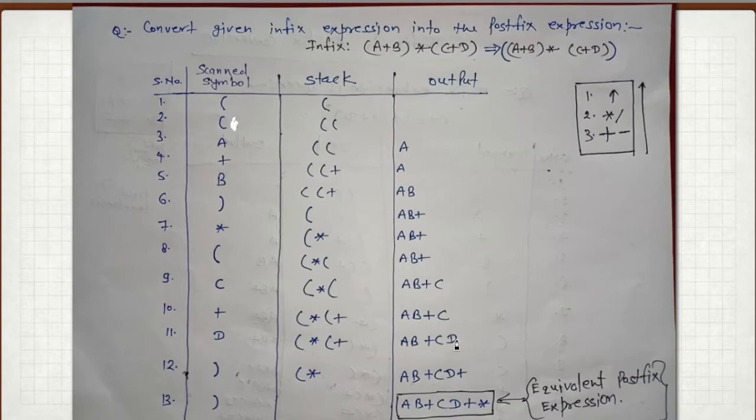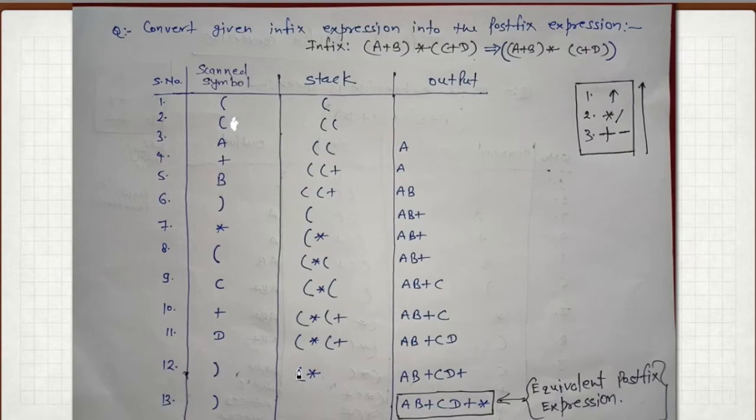AB plus CD. Right? Now after the D, this is the right parenthesis. You can see after the D, this is the right parenthesis. When any right parenthesis occurs, what do you have to do? You have to pop the elements from the stack, that is, inside the parenthesis, meaning the left parenthesis. This is the right parenthesis.